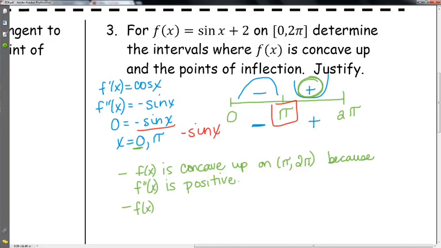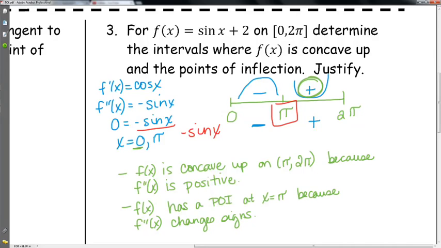So f of x has a point of inflection, you can abbreviate that by POI, point of inflection, at x is equal to pi, because my second derivative changes signs. For a point of inflection, you actually can write changes signs. You can't do that for extrema. They want you to be a little bit more specific. But if you want to go ahead and write changes from negative to positive, that is also acceptable.